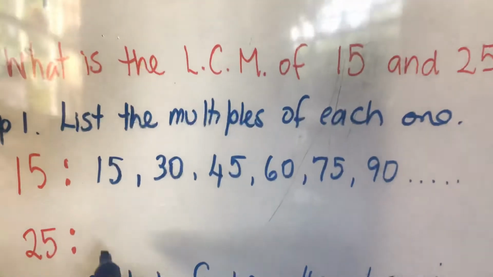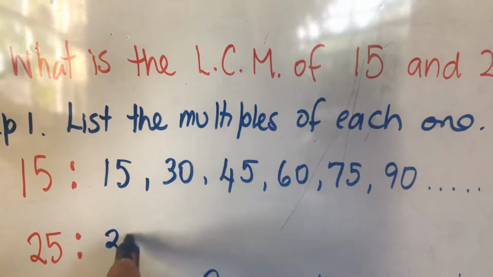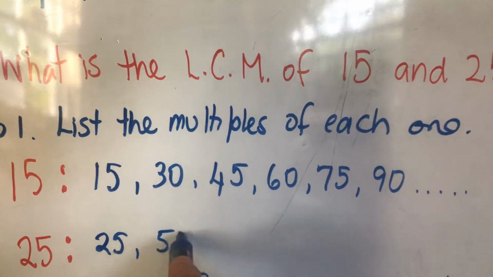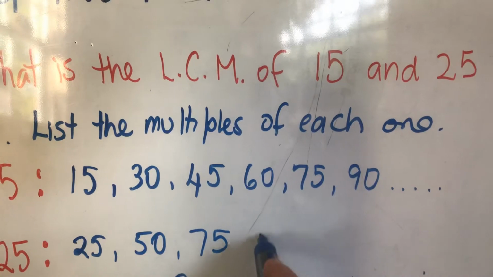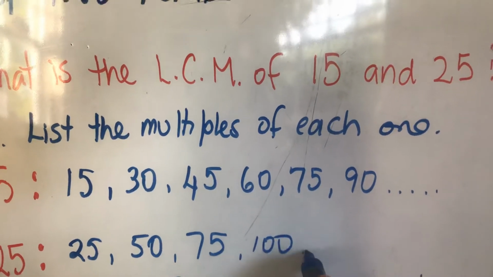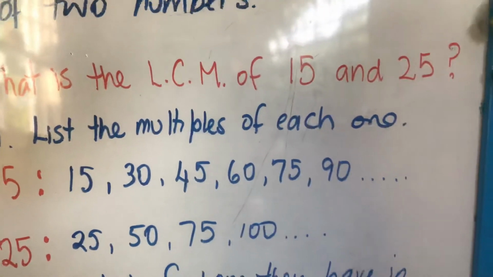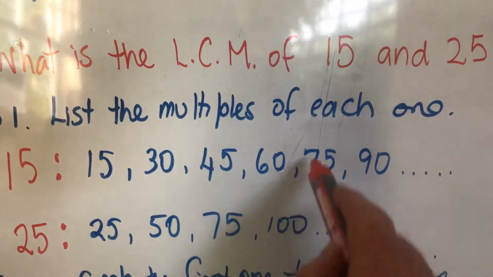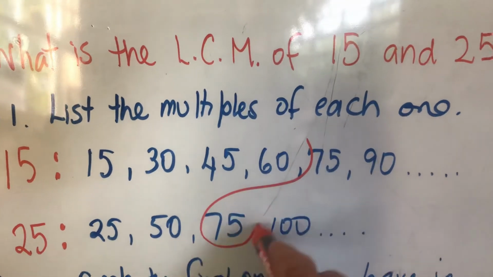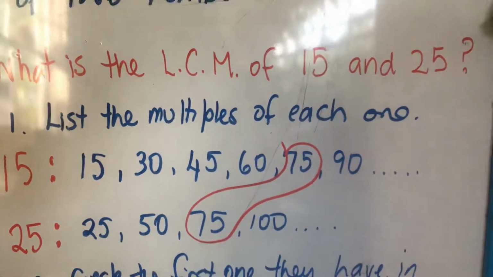So let's list the 25 times table. 25, 50, 75. I don't need to go to 100. They do carry on, don't they? Because look, I've found one that they have in common. In common, they have 75.